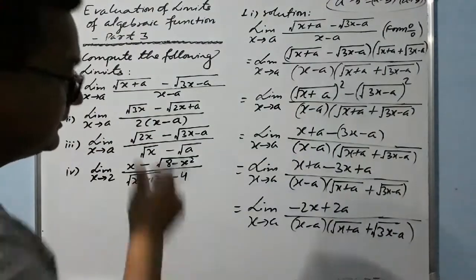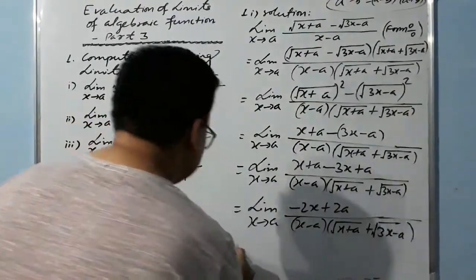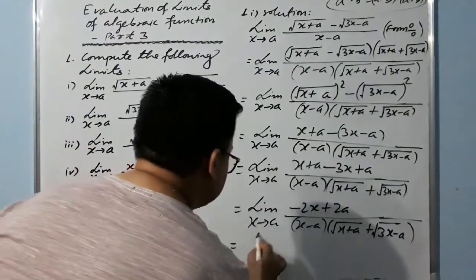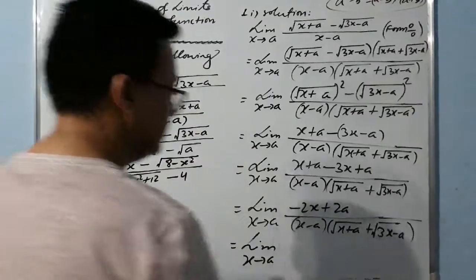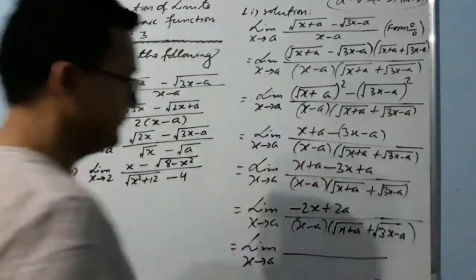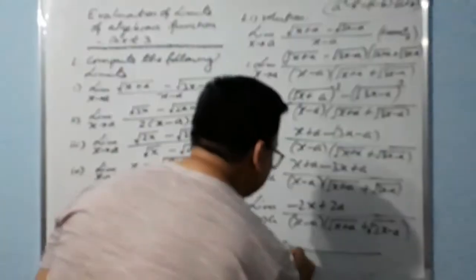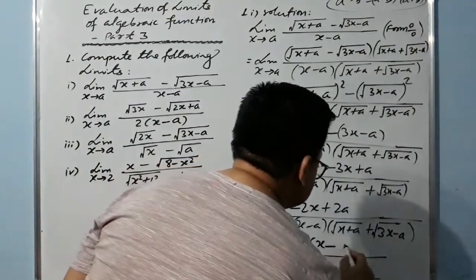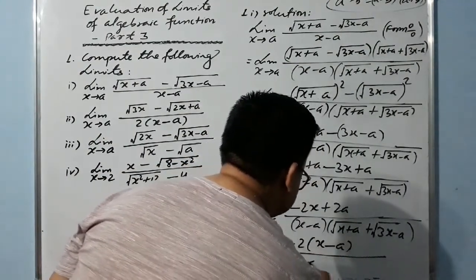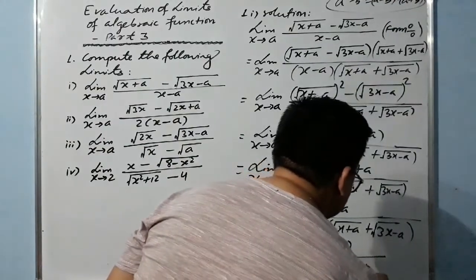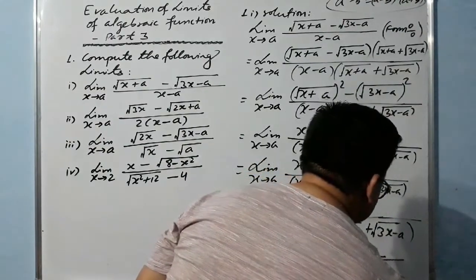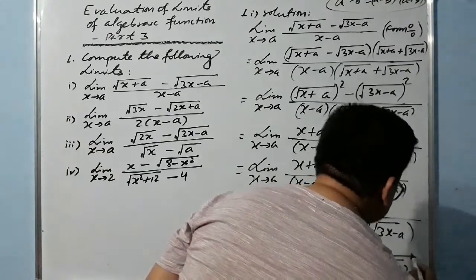I don't think you are having a problem. This is equal to the limit as x tends to a; here minus 2 common, if we take minus 2 common, we get x minus a over x minus a into root x plus a plus root 3x minus a.